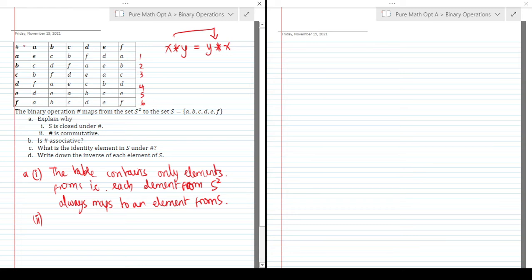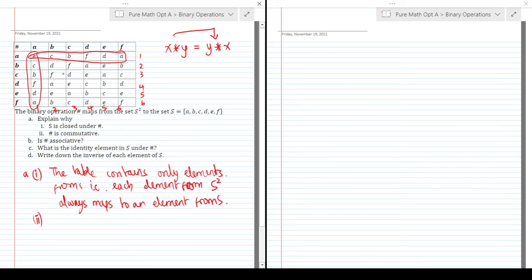And then I number the columns: first column, second column, third column, fourth column, fifth column, sixth column of this table here. If you look at the table closely, you will realize that if you read the first row in order and the first column in order, it is the exact same order you are reading: E, C, B, F, D, A. And if you come down here, E, C, B, F, D, A.